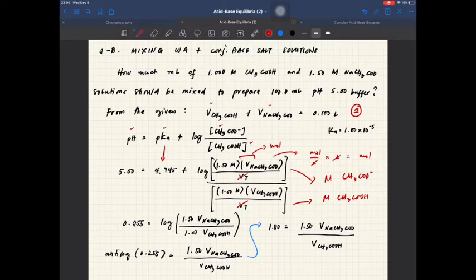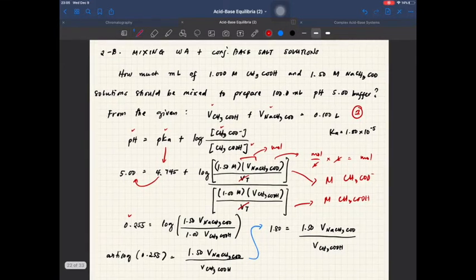So evaluating this expression and canceling all the units that can be cancelled, we get this value. So this one is transposed over here. So 5 minus 4.745 is 0.255, which is equal to log of 1.5 times volume of sodium acetate over 1 times volume of acetic acid. So taking the antilog of both sides, we can get rid of the logarithmic function.